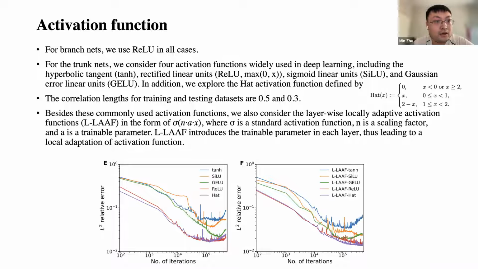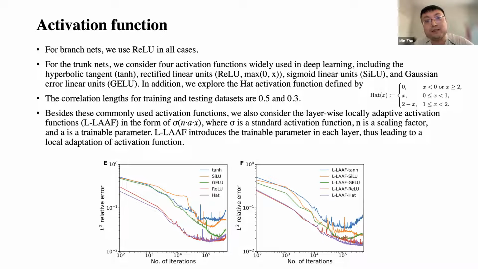For the branch net, we use ReLU in all cases, and for the trunk net, we consider four activation functions widely used in deep learning, including the hyperbolic tangent, the ReLU, the sigmoid linear unit, and the Gaussian error linear unit, or GELU for abbreviation. In addition, we explore the HAT activation function defined in these equations.